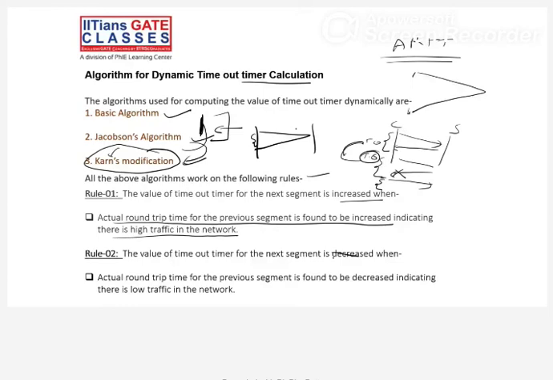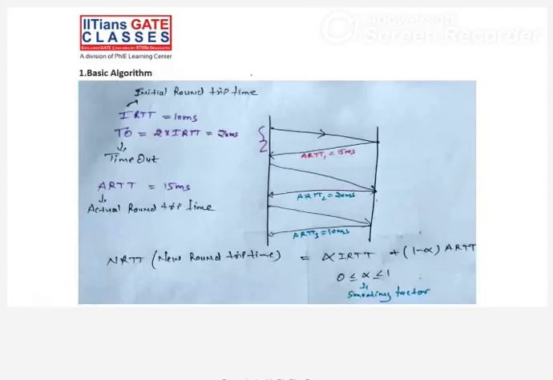All the above algorithms work as per the following rule. What is the rule? The value of the timeout timer for the next segment is increased when, see, this is your client, this is your server. Let's say one segment we sent and there is an acknowledgement, and this is the timeout for the first segment. Then for the next segment, there is a timeout calculation. It's not fixed.